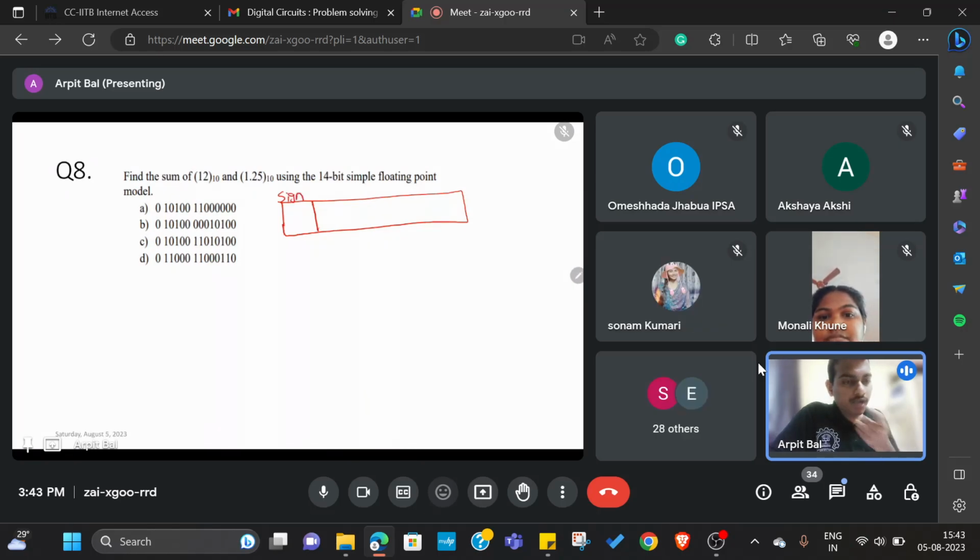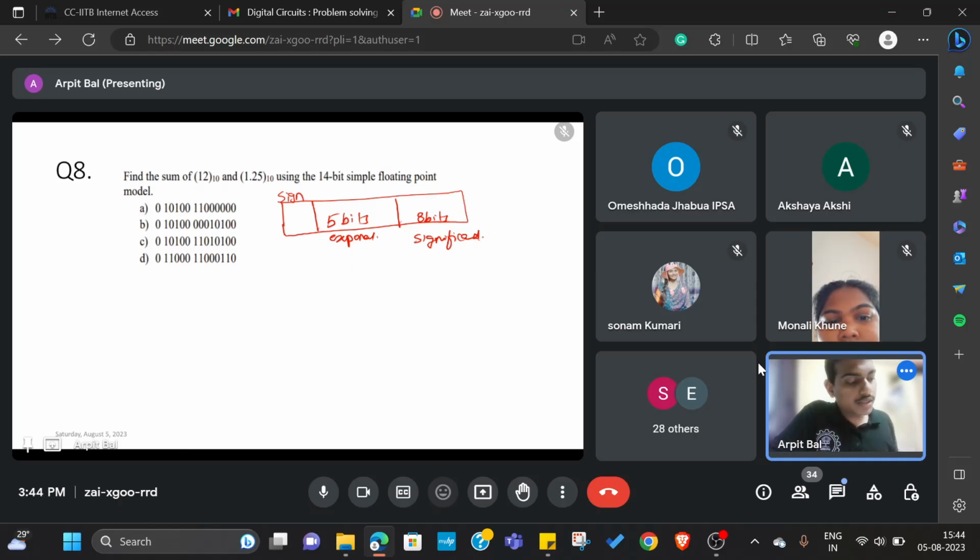In the simple floating point model, the first bit is the sign bit. The next 5 bits are the exponent, and the next 8 bits are the significand. And in the simple floating point, there is no implied one.